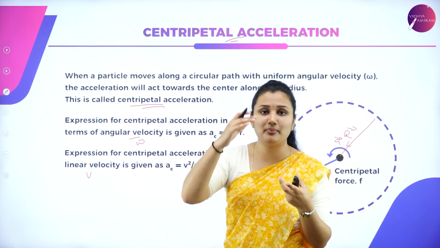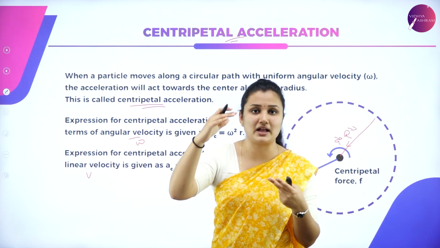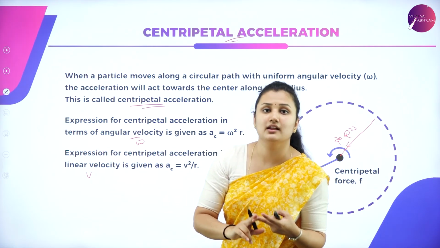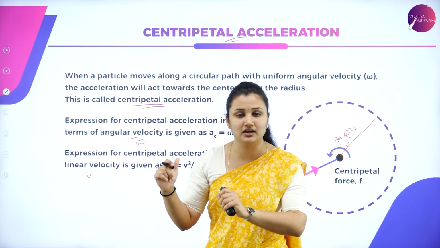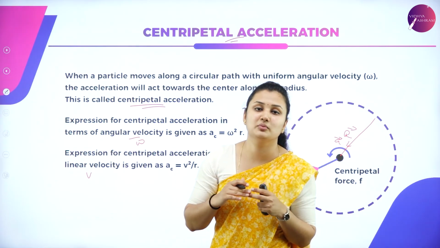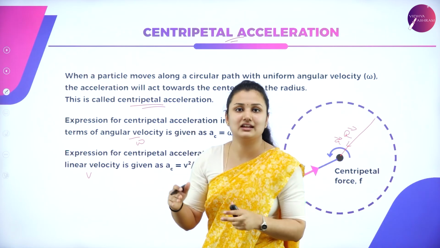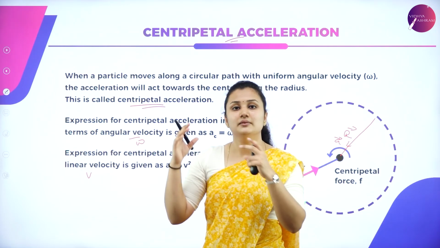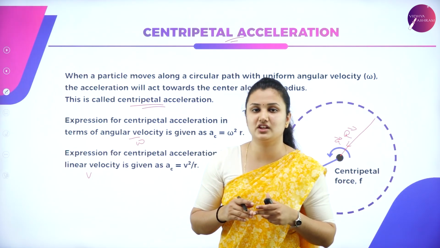Then we discussed three parameters: h max, maximum height, time of flight, and range of the projectile, through which I have given a numerical regarding a football. You have to try solving that numerical because all the parameters are given and the formula is clear in the derivations. Next, we discussed uniform circular motion.